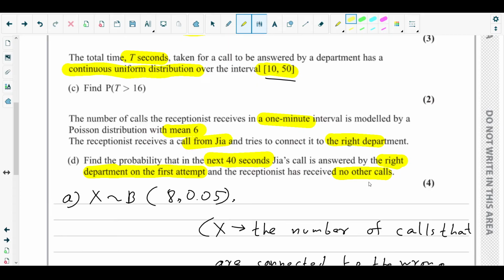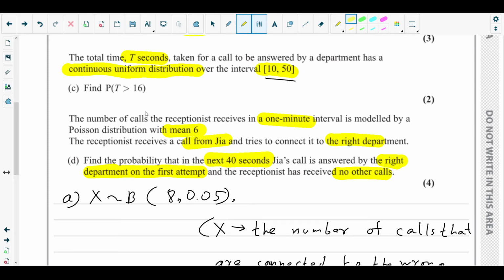Like I marked out the events here. The call has to be answered within the next 40 seconds, then it has to be answered by the right department on the first attempt, and at last it has received no other calls within that time. Fine. Now let's consider the three events.